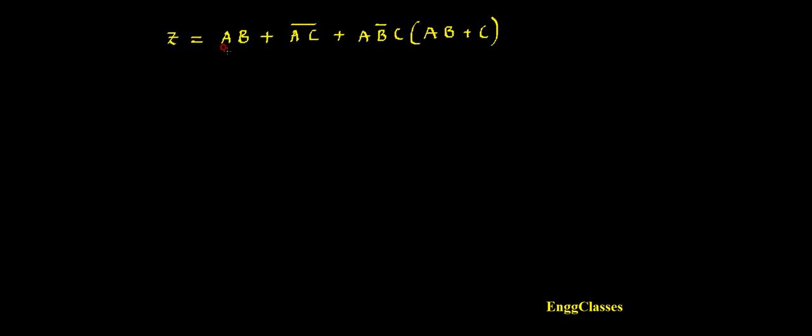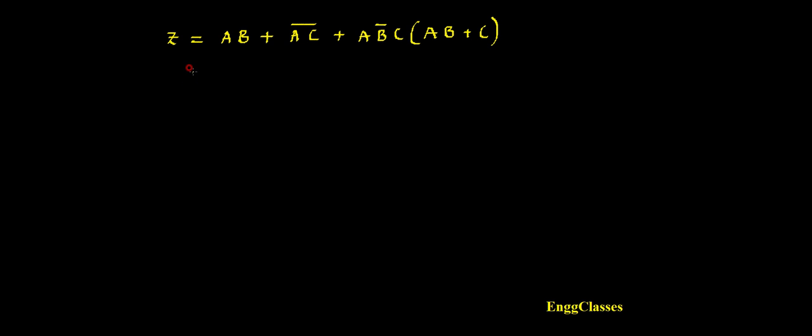If I look at the first two terms, I cannot take anything common, so I'll just leave them as they are. If I look at the third term, A B bar C into bracket AB plus C, maybe I can expand these two terms.